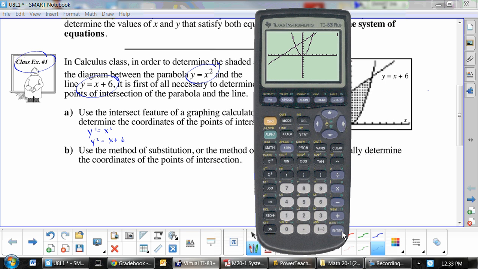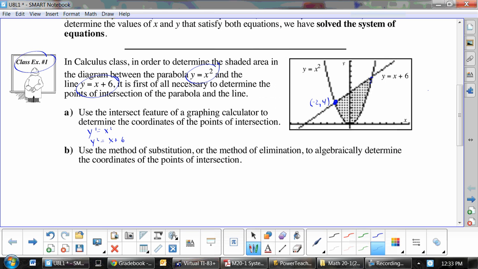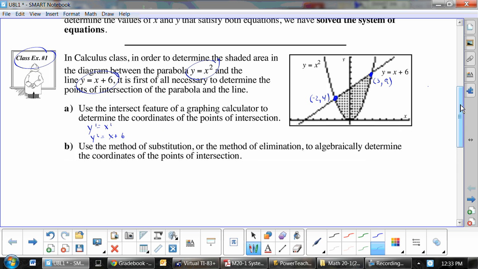Enter, enter, enter. And it's 3 and 9. Just like that. Okay? So this, I really hope, isn't anything new to you today.